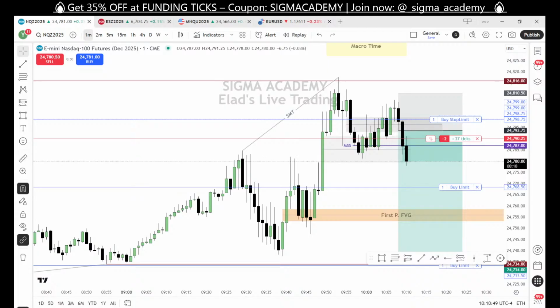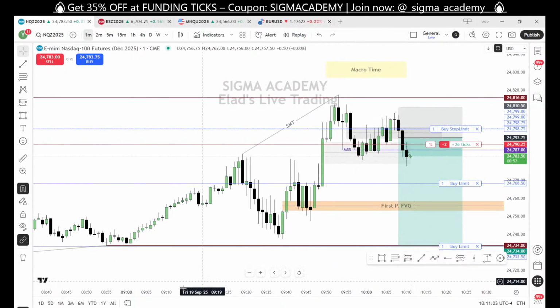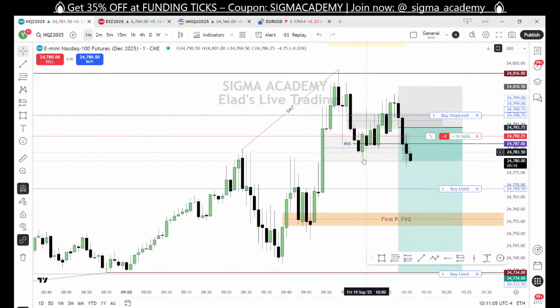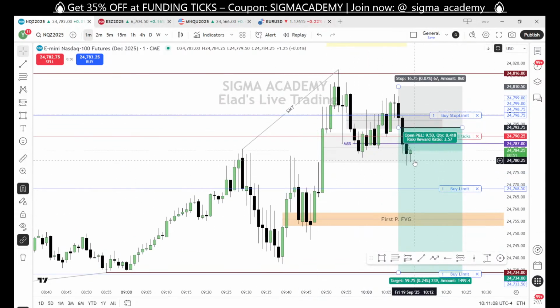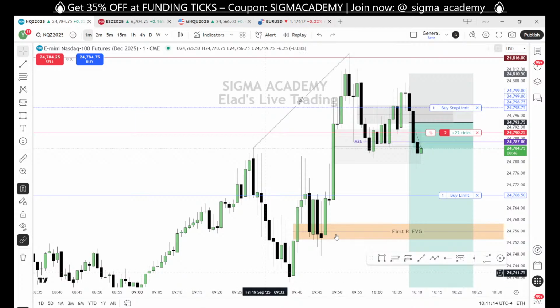Let it run for now. Another break of structure. I want to see a close below this fair value gap. I don't like that it didn't close below it. We're tapping into this fair value gap.